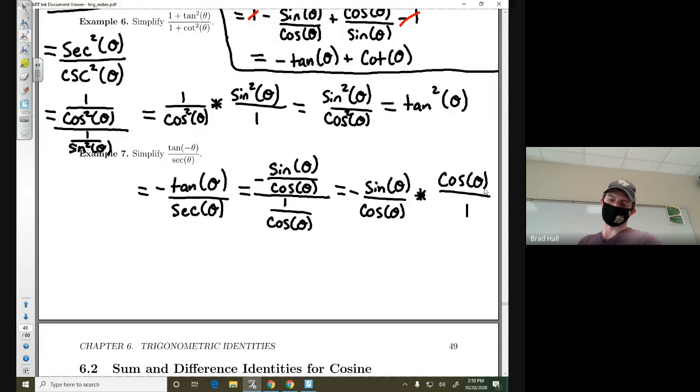All right, so here we see that, well, how can we simplify this? Cosines cancel. Yeah, cosines cancel.